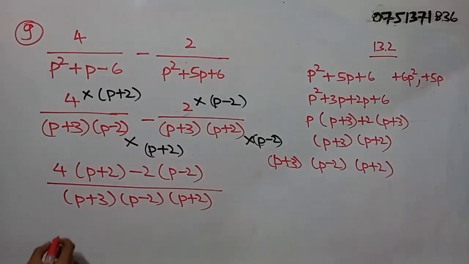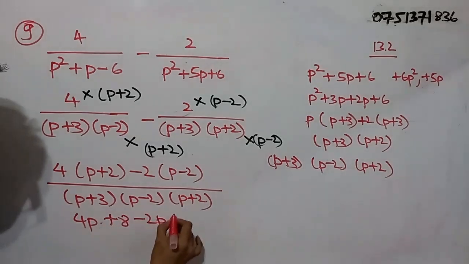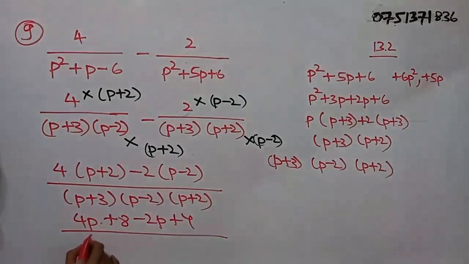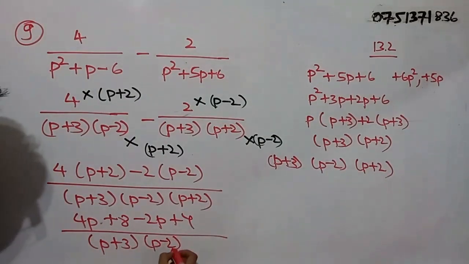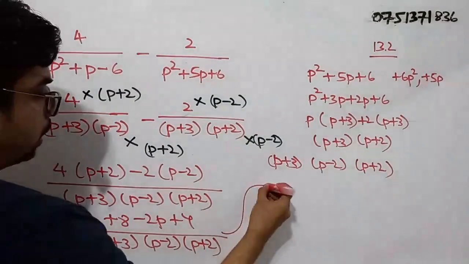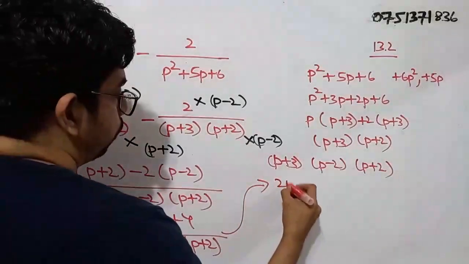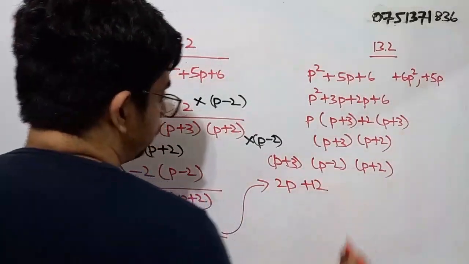Okay, so now we can simplify this. 4p plus 8 minus 2p plus 4. Entire expression needs to be divided by what? P plus 3, p minus 2, p plus 2. Okay, so we will continue from here. 4p minus 2p, what is that? 2p. 8 plus 4, what is that? 12.